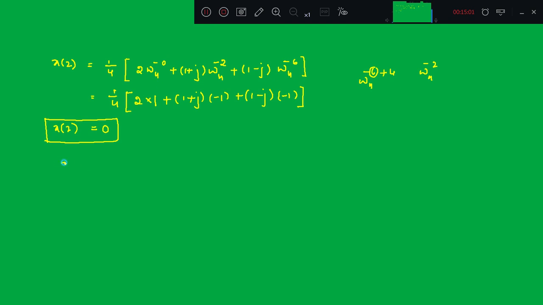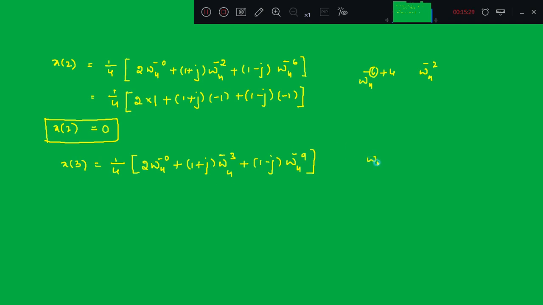And similarly we'll compute for n is equal to 3, so that is 1 by 4, 2 into w4 minus 0 plus x of 1 is 1 plus j. Next this one is w4 is to minus 3 plus 1 minus j, w4 is to minus 9, right?